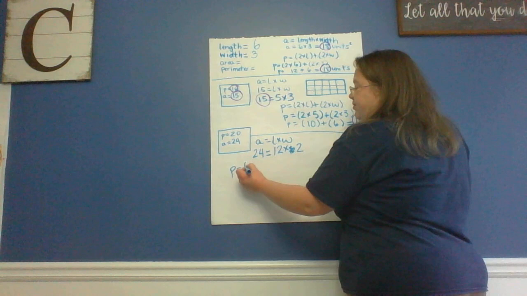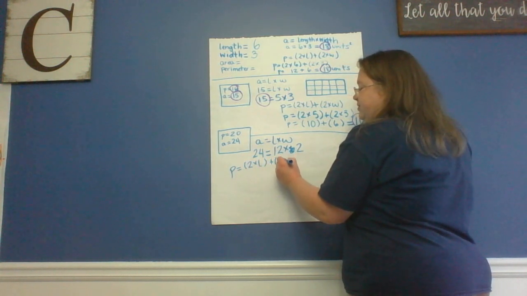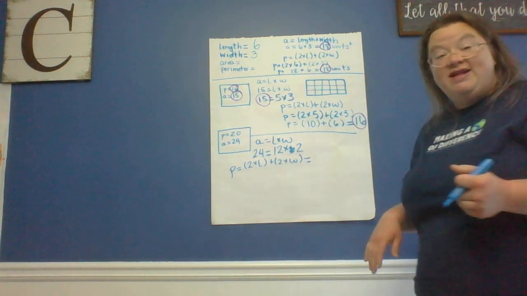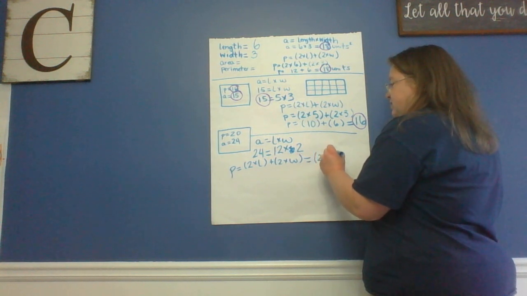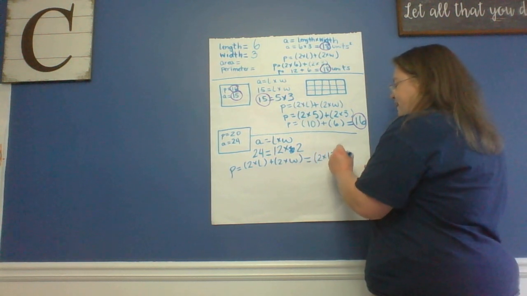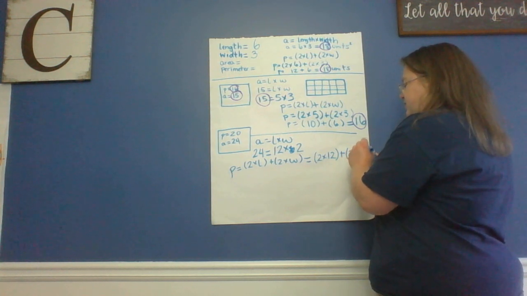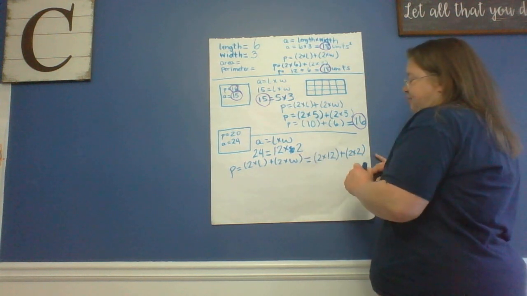Perimeter equals 2 times length plus 2 times width. Now I'm going to stick this length and width in that we just figured out. So 2 times 12 plus 2 times 2. Here was my 12 length, 2 width, and I just stuck them in.